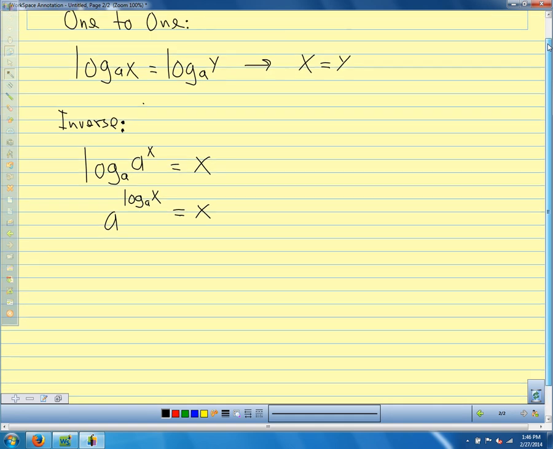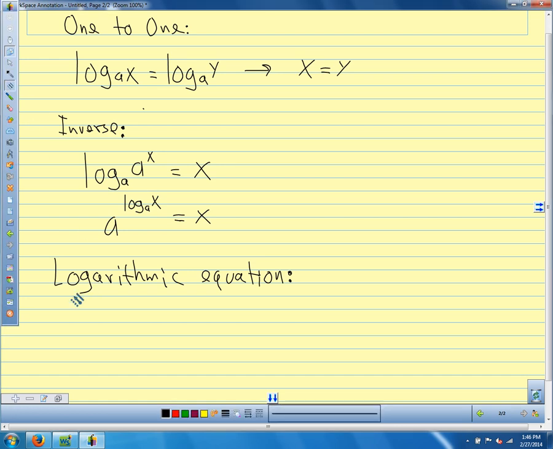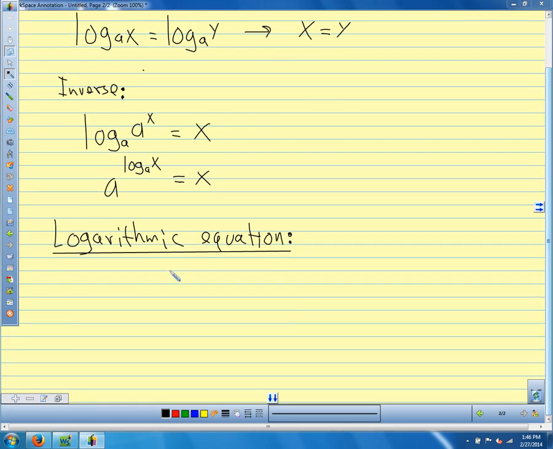And for the vast majority of logarithmic equations, we use two different methods, and they're going to be similar to what we did for exponential equations, just doing a similar thing using logarithms. So our first technique is going to be to get the logarithm by itself on one side of the equation.